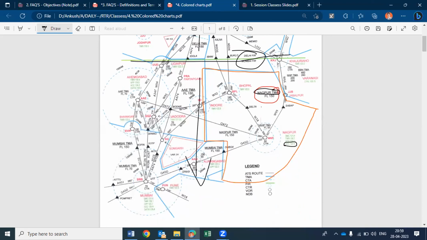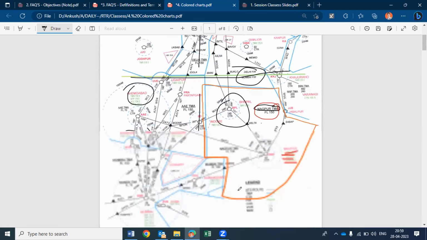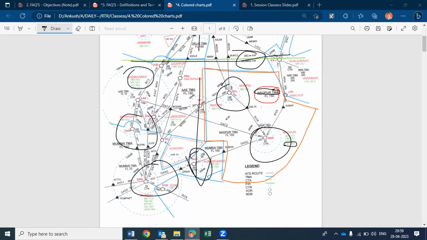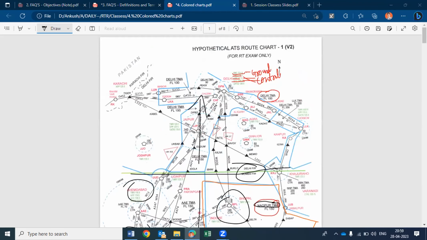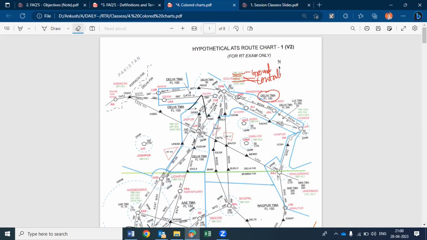All these airports, Ahmedabad, Bhavnagar, Mumbai, Aurangabad, Nagpur, Bhopal, all these come under Mumbai flight region. And Jaipur, Jodhpur, Karachi, not Karachi, Karachi is outside our country, Agra, Gwalior, Jaipur, including Delhi. These come under Delhi flight region. Okay. You will get it later.